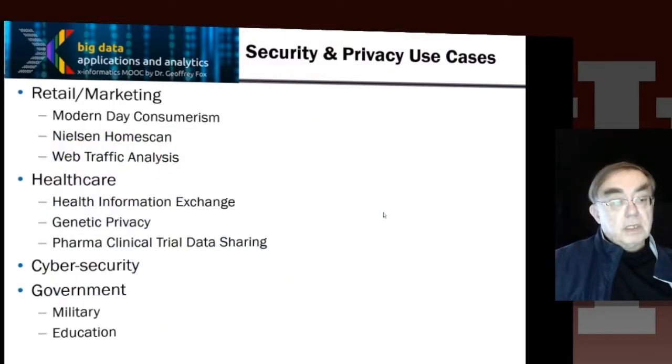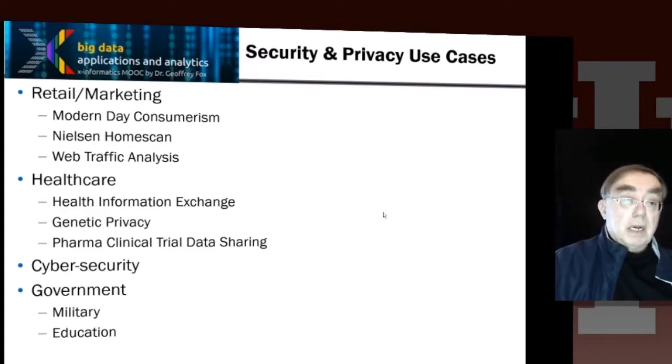So this subgroup, which I was not involved in, is not really my field of expertise, but at least I understand these use cases. We have retail, e-commerce, and then we have things like Nielsen HomeScan that must have some security and privacy issues as to web traffic analysis.